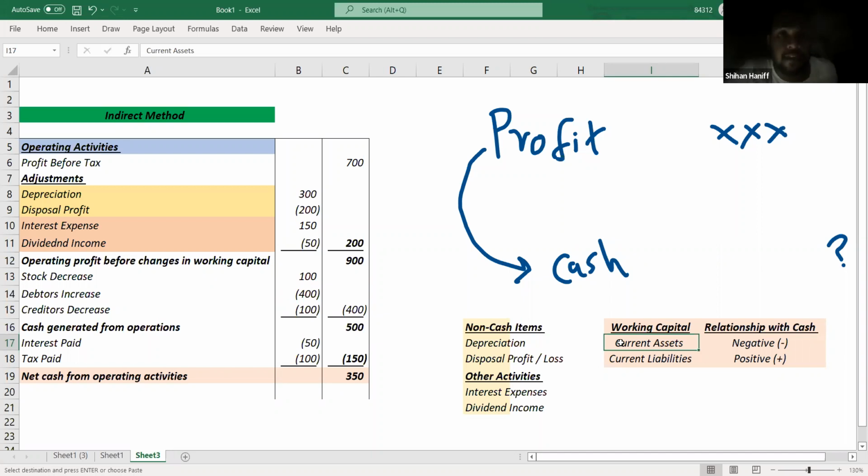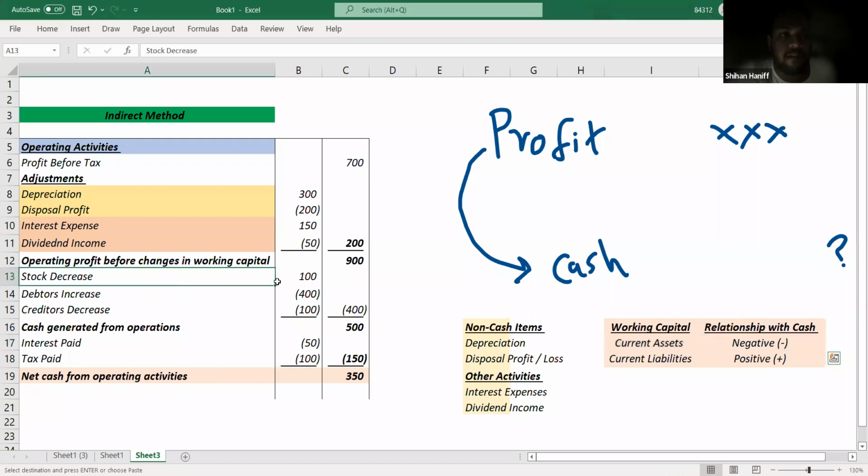Let's say trade receivables, debtors. Debtors increase. Oh, sorry. We'll take debtors decrease. Why are debtors decreasing? Because they pay cash. So cash increase, debtors decrease. That is why I've taken current assets as negative relationship.